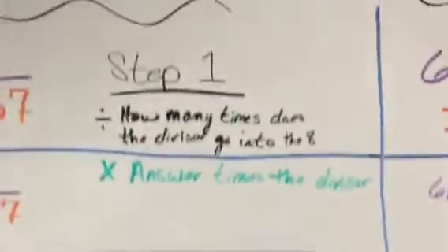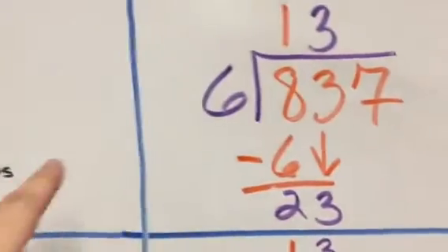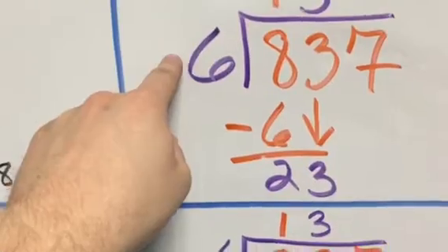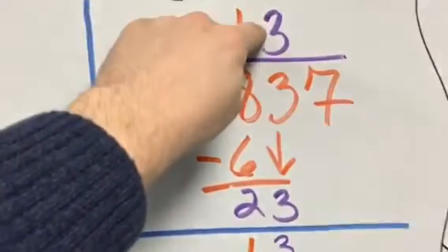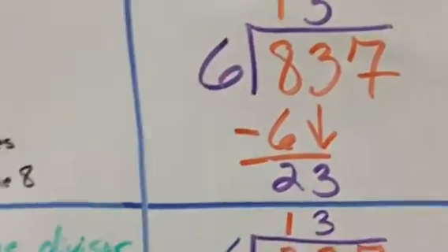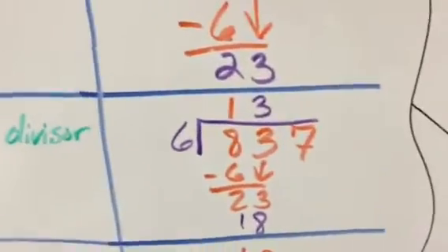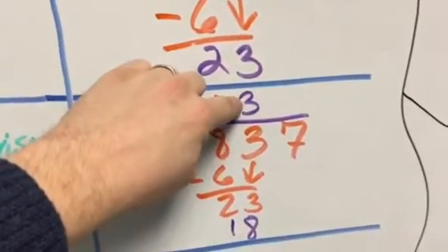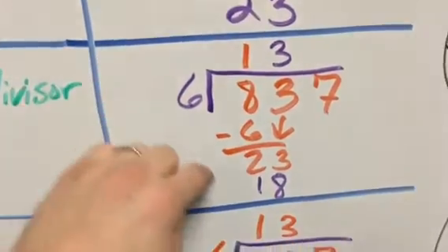So now we go back up to the top, and we're going to go back to division. But this time, we're going to do 6 can go into 23 3 times. Next comes what? Right, multiplication. So I take my answer up here that I just got, times the divisor, and it goes down here.